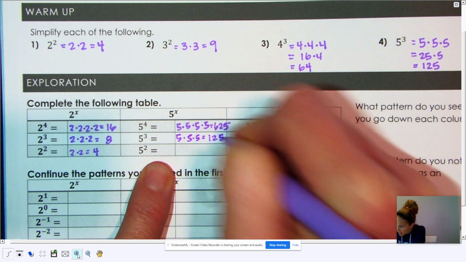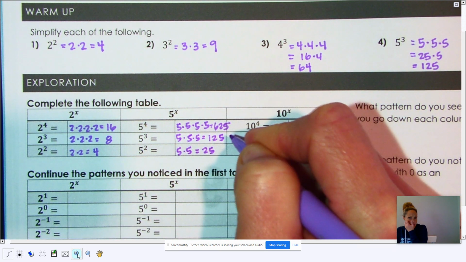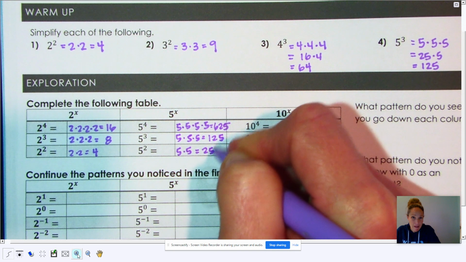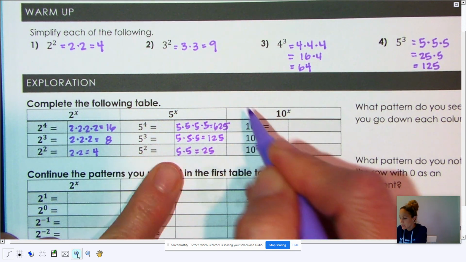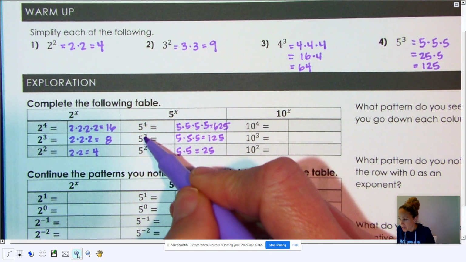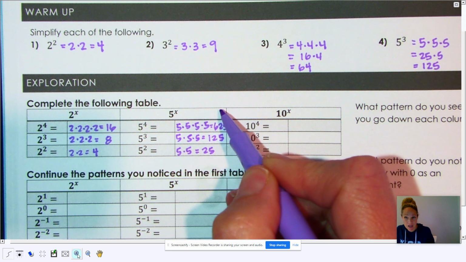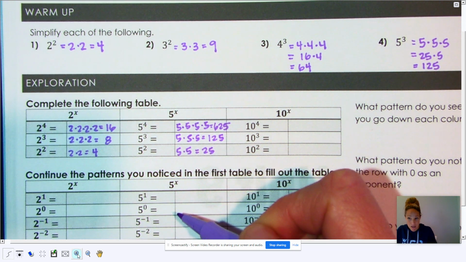We know is 125. We know that 5 times 5 is 25. This one didn't divide by 2. It divided by 5, right? So whatever my base is, that's what it's dividing by each time, which makes sense because each time the number goes up, I'm multiplying by another 5. So if I'm trying to take that pattern down, I would divide by another 5.